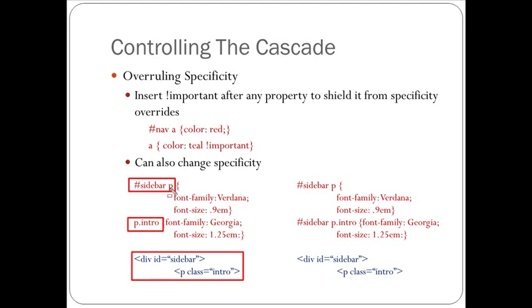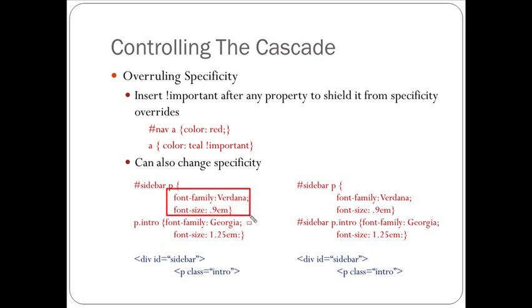It is a paragraph tag that's a descendant of the ID sidebar, and it's also a paragraph tag with the class of intro. Well, the second one has a value of 11 points, while the top one has a value of 101 points. So this is actually going to style that paragraph tag with a font of Verdana and a font size of 0.9 em. The fact that this comes later has nothing to do with it because this has the higher point value.